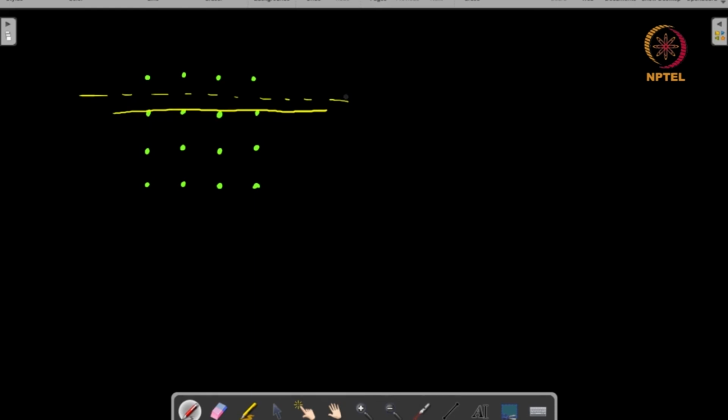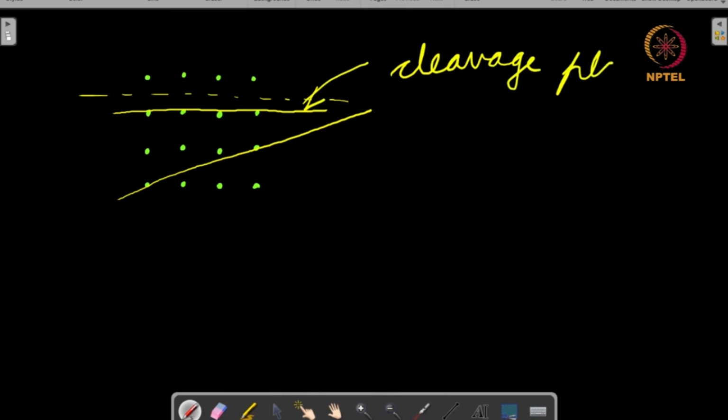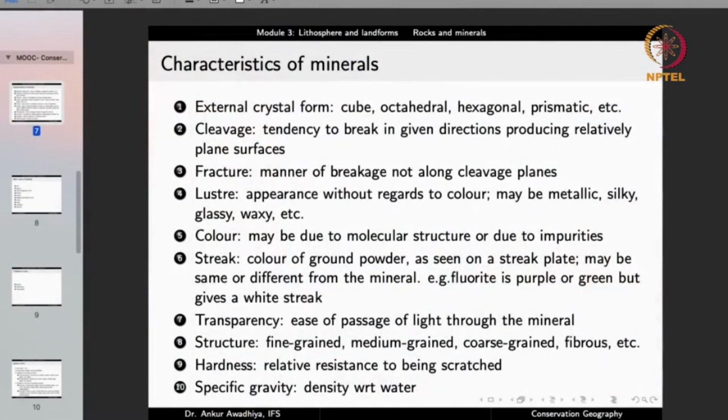to break this crystal. But if you take a plane where you are getting a few atoms but not many, something like this, in this case it will be difficult to break the crystal along this particular plane. So there are certain planes that are known as the cleavage planes, along which it is easy to break the crystal.